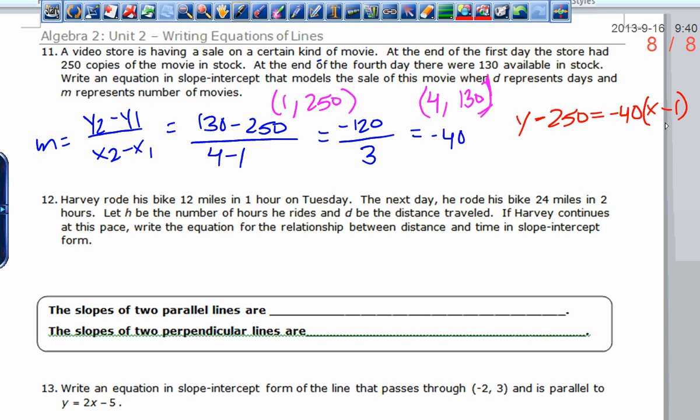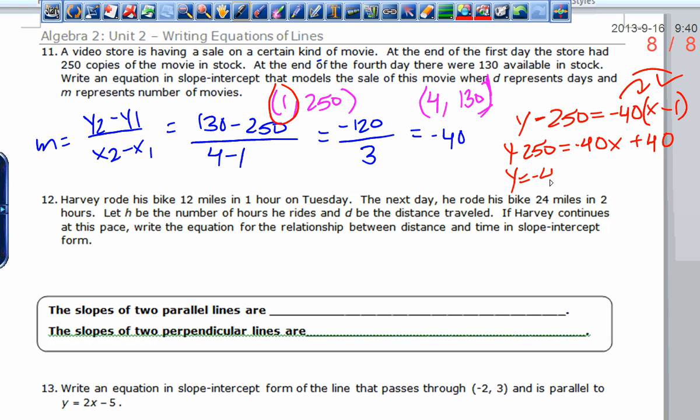And then x minus 1. Where do I get 1 from? First x, right? Distribute, move 250 over. So y minus 250 equals negative 40x. Negative 40 times negative 1 is a negative times a negative, which is a positive. Then add 250.